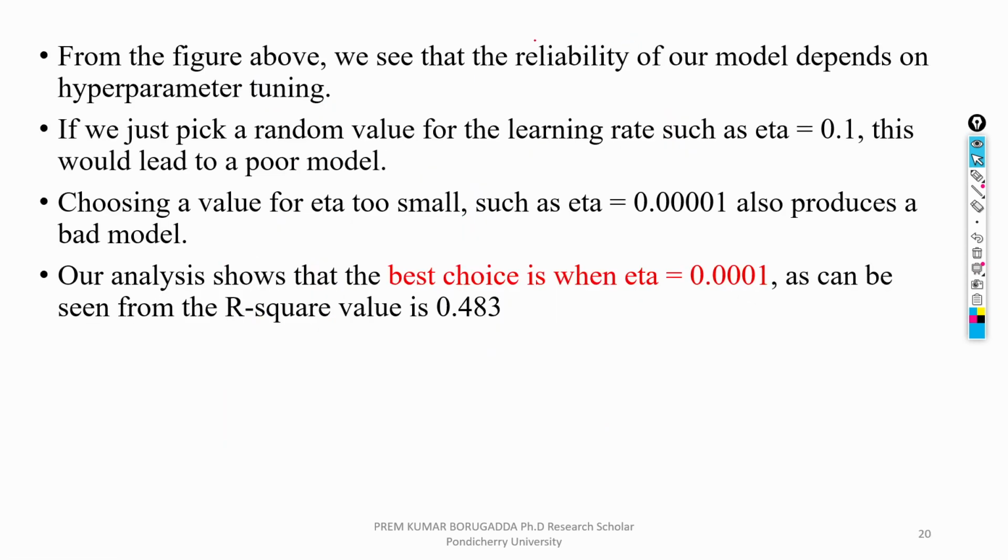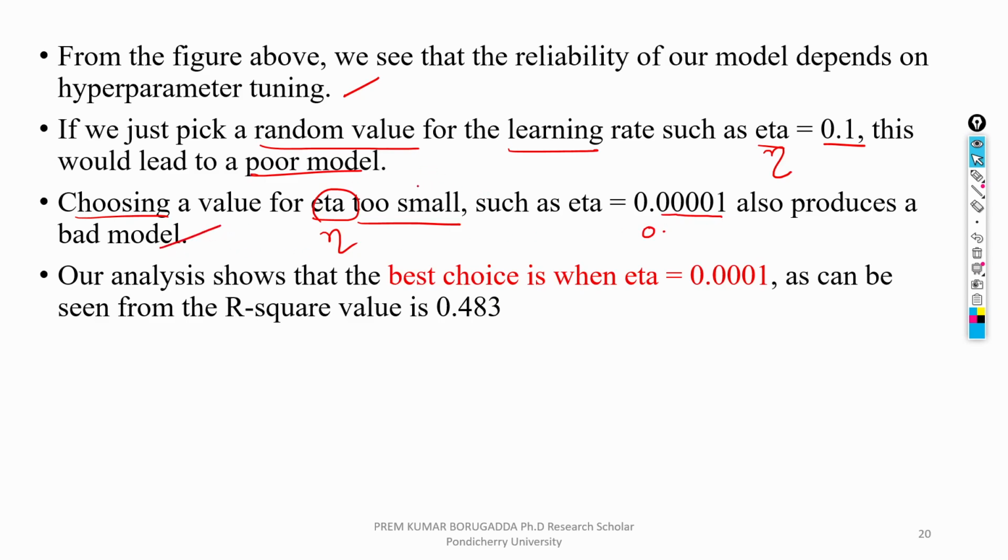From this figure, you can see the reliability of our model depends on hyperparameter tuning. If we just pick random values for the learning rate, eta, such as 0.1, this would lead to a poor model. If you choose an eta value that is too small, like 0.00001, it can produce a bad model.